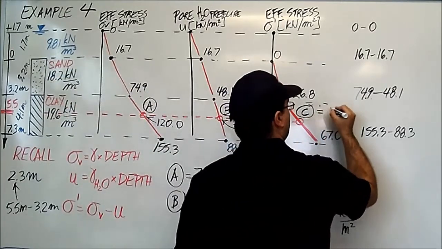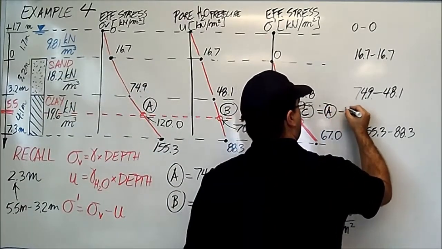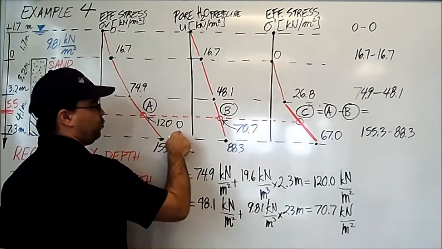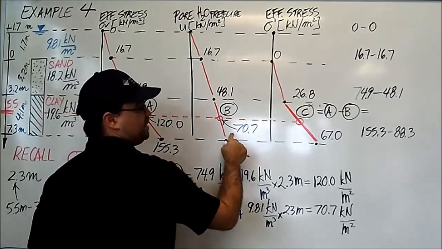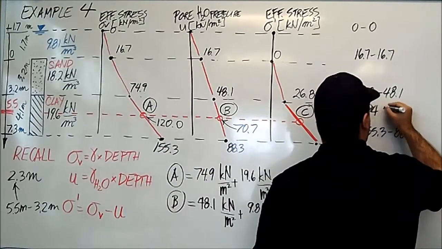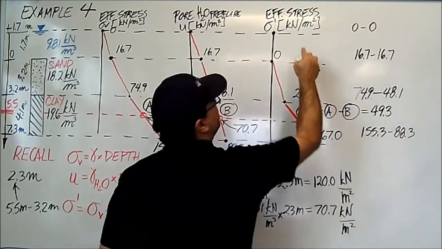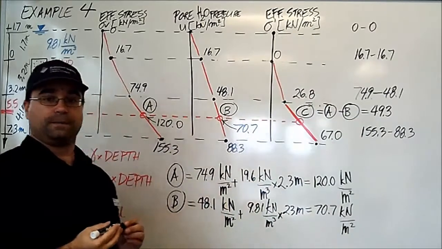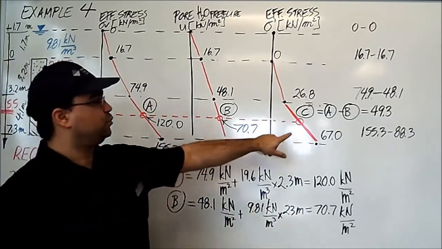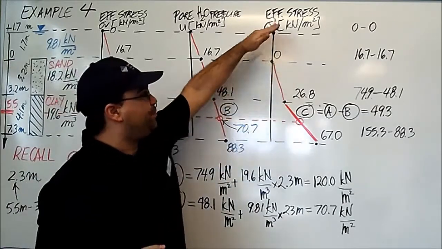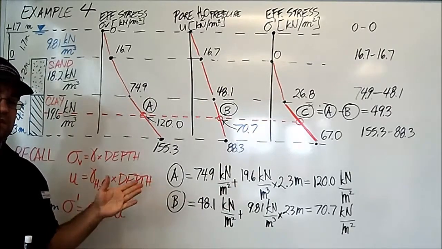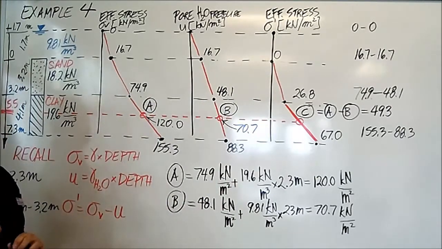So C is equal to A minus B, which is equal to 120.0 minus 70.7, which is 49.3 kilonewtons per square meter. So this is a bit of the long way of getting to the effective stress at any point in a distribution. But once you've mastered this, you can also figure out much shorter ways. There are many.